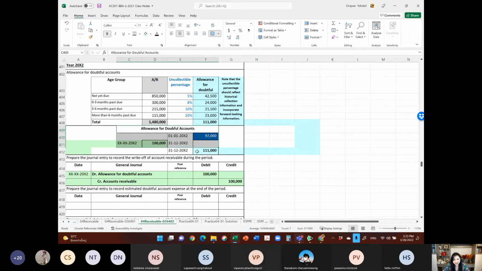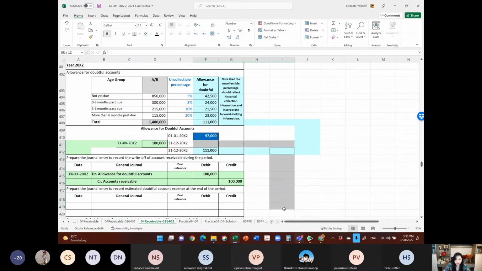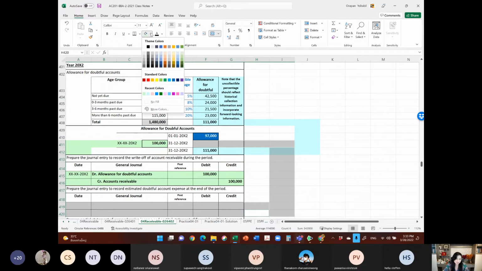And at the end of the year, you want the balance to be positive and you want it to be 111,000. So my question to you is, how much do you have to increase the balance so that at the end you have the 111,000 that you want? Don't forget that now we have negative 3,000 that we have to compensate for.